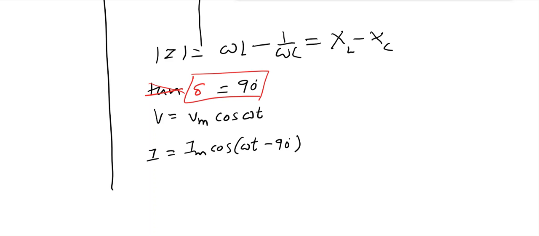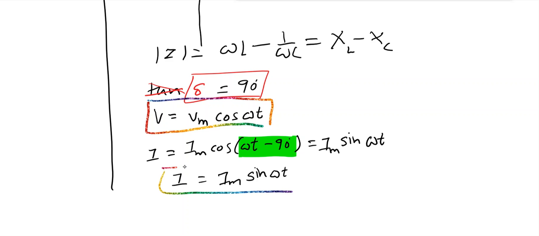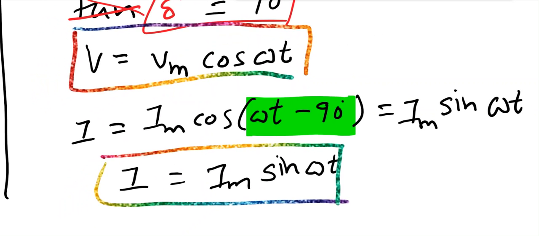It is delta that is 90, not tan of delta. So if you have omega t minus 90, it becomes a function of sine, and then current is Im sine omega t. Now look at the equation of voltage and the equation of current. One is a function of cos, the other is a function of sine, but the variation in both is determined by the same term omega t.